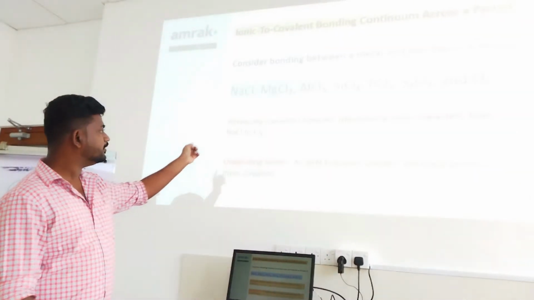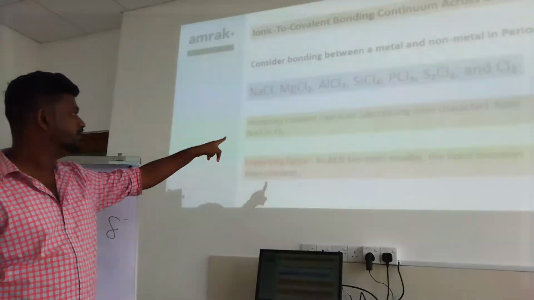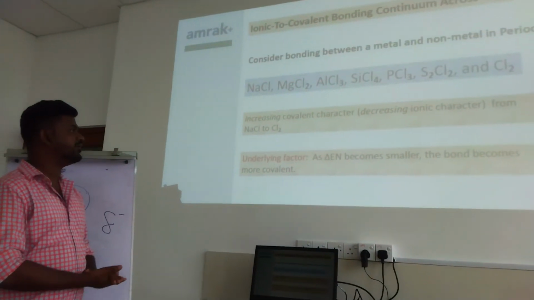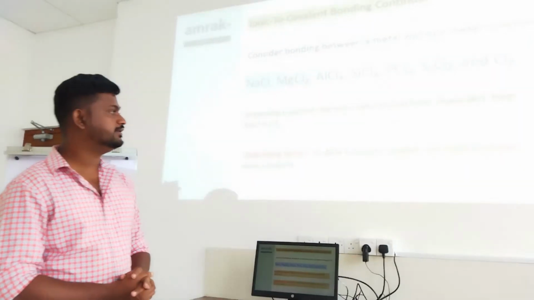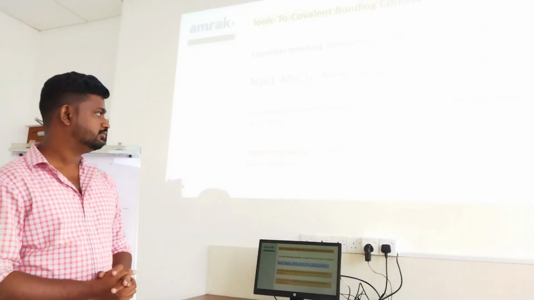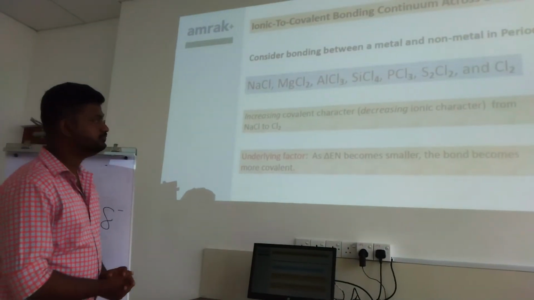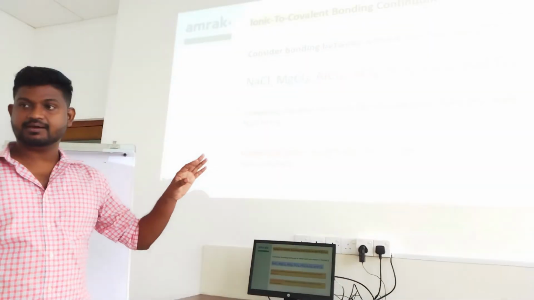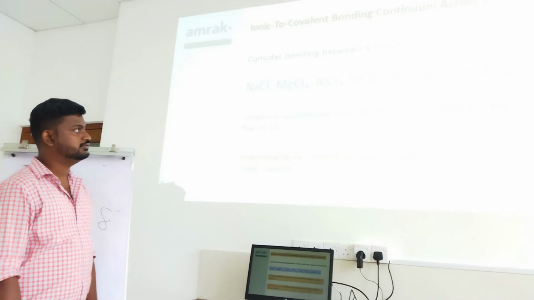So the covalent character is increasing and the ionic character decreasing across the period. The underlying factor is electronegativity: as the electronegativity difference becomes smaller, the bond becomes more covalent.